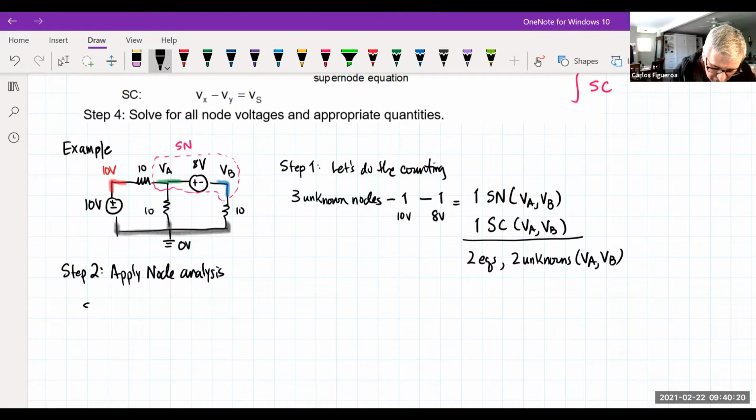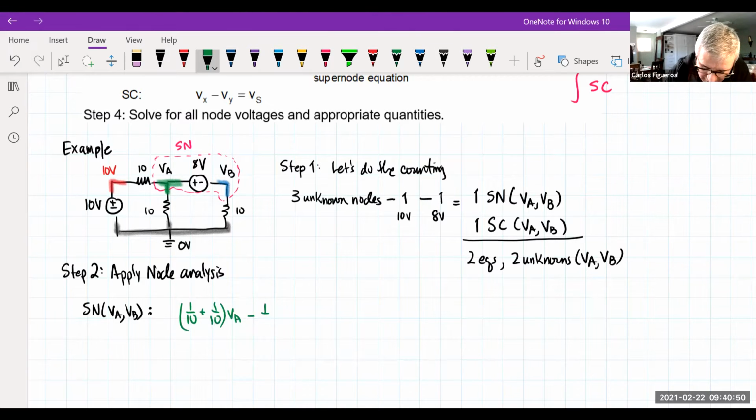So I have my supernode equation for VA, VB, and I say, let's look at that green node. I apply node analysis to that green node. How many resistors are connected to node A? Well, I have 110, 110, VA, and then I say, how many mutuals are there?